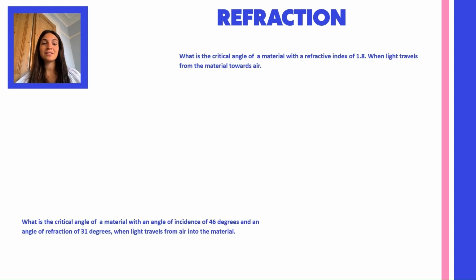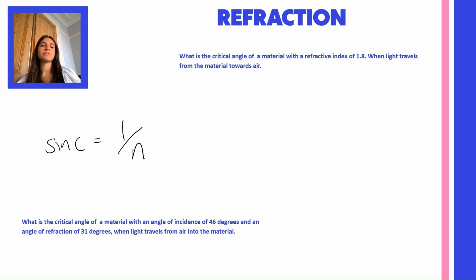Okay, what is the critical angle of a material with a refractive index 1.8 when light travels from the material towards air? So critical angle, remember, we're looking for that angle of incidence that gives us an angle of refraction of 90 degrees. And we can use this equation to help us. N is our refractive index, and that C in sine C is the critical angle.